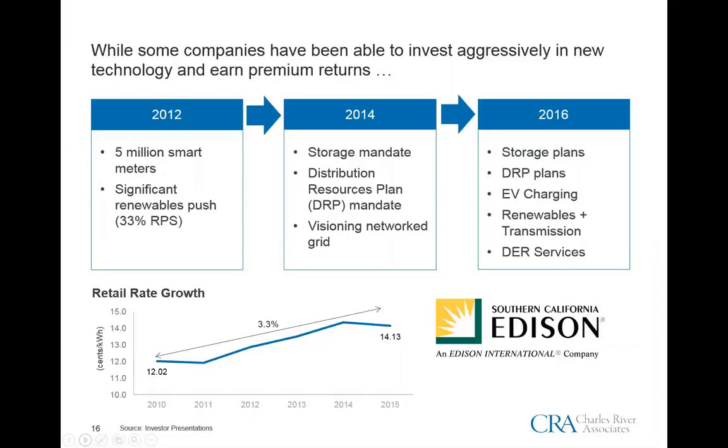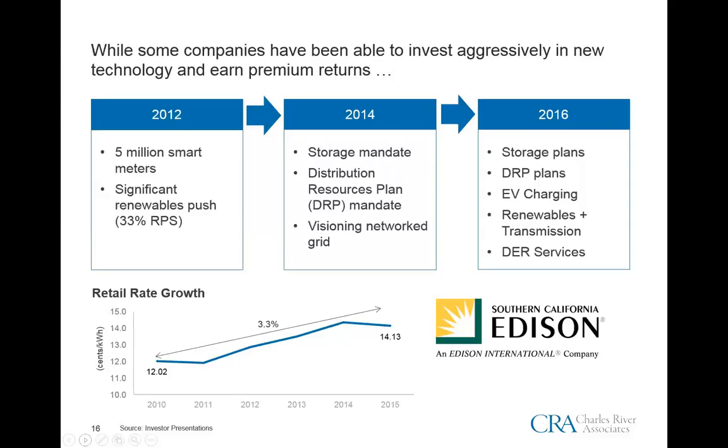They had a DRP plan for distribution resources and a mandate to do that, and a real visioning of this networked grid. And then by 2016, they have these plans they're rolling out: storage, renewables and transmission, they're looking at DER services, they have approvals for EV charging. Now, this is very much specific to Edison and PG&E and San Diego in their service territory.